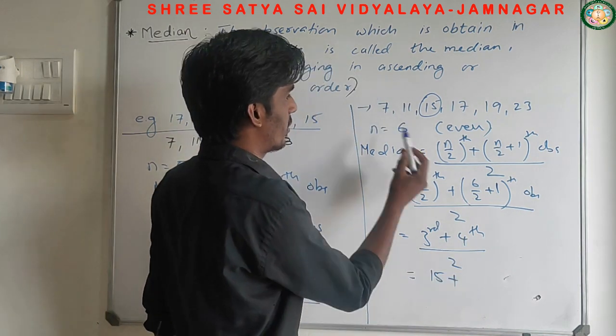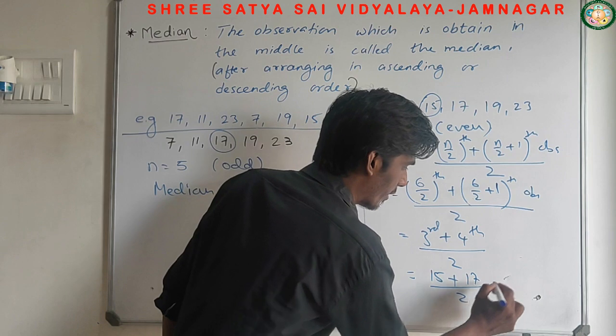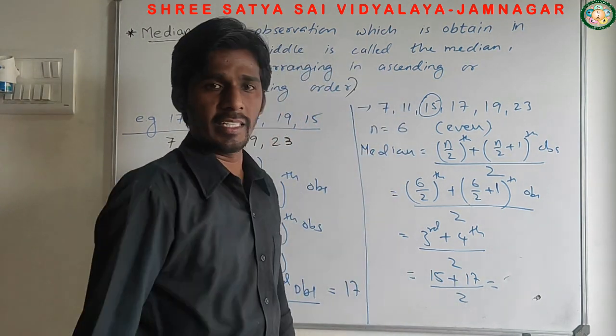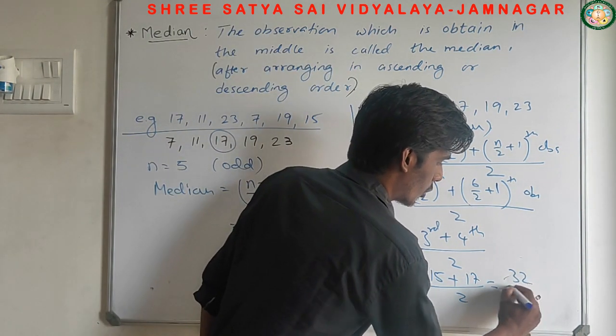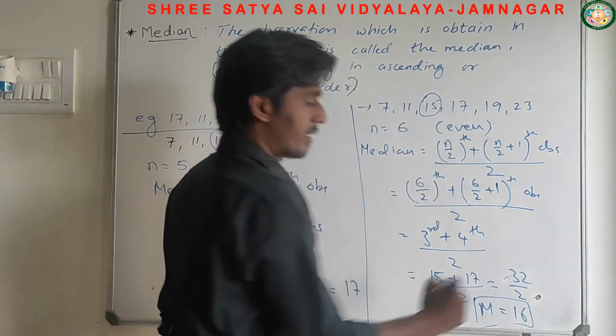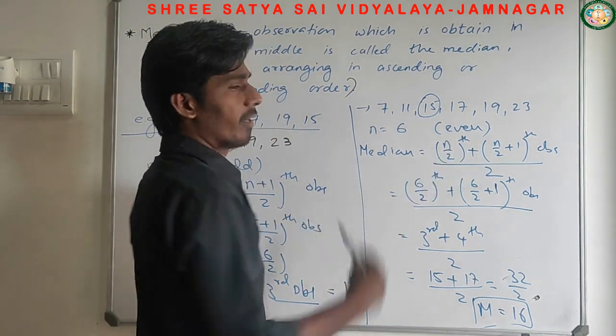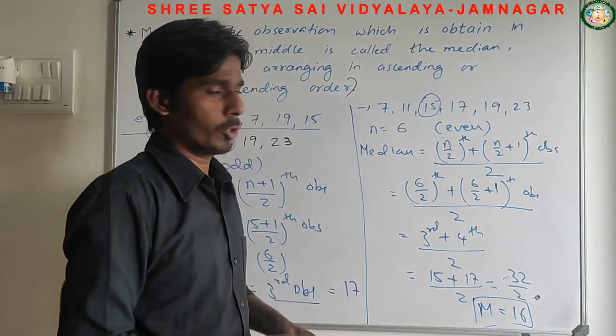And the fourth observation? First, second, third and fourth: that is 17, divided by 2. So 15 plus 17 is 32 upon 2. So the median here is 16. This is the way we can find the median for an even number of observations for ungrouped data.